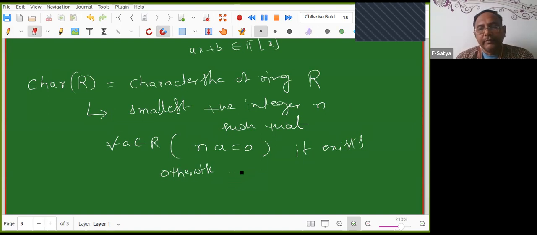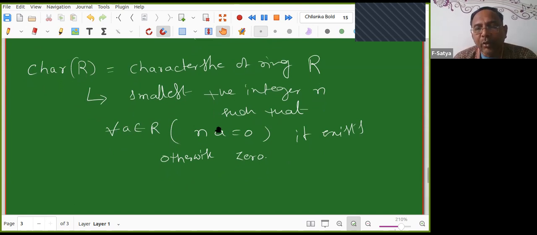It is a definition. If you are able to find a natural number n such that n times a equals 0 for every a, then we say that the characteristic of R equals n. Otherwise it is 0, if you are not able to find any natural number n so that n times a equals 0.